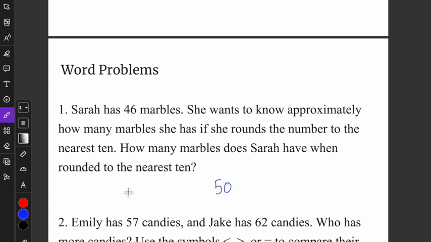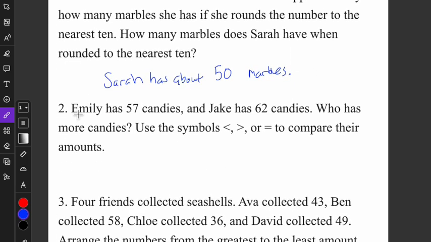So Sarah has about 50 marbles, rounded to the nearest 10. Let's try number 2. Emily has 57 candies, and Jake has 62 candies. Who has more candies? Use these symbols to compare their amounts.